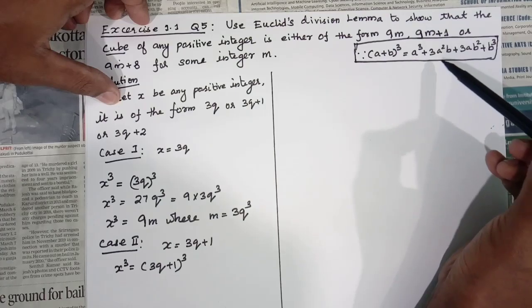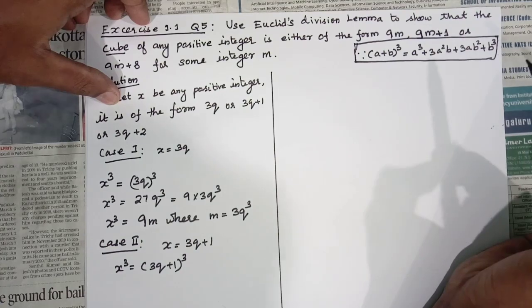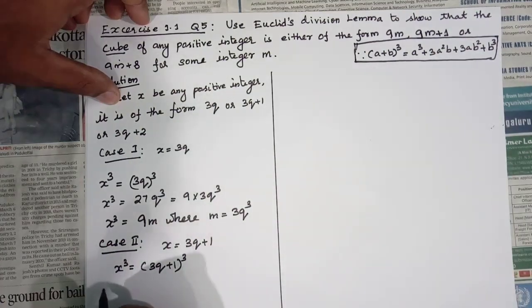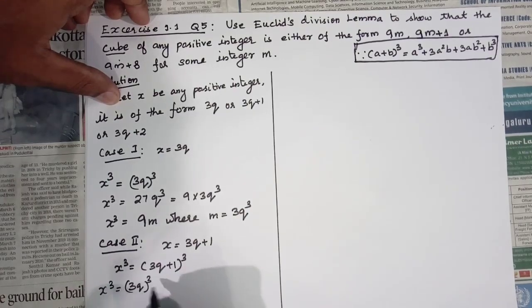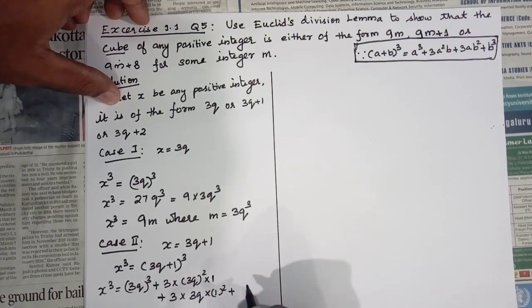That is a cube plus 3a square b plus 3ab square plus b cube. Applying it here, we get x cube is equal to 3q whole cube plus 3 into 3q whole square into 1 plus 3 into 3q into 1 square plus 1 cube.